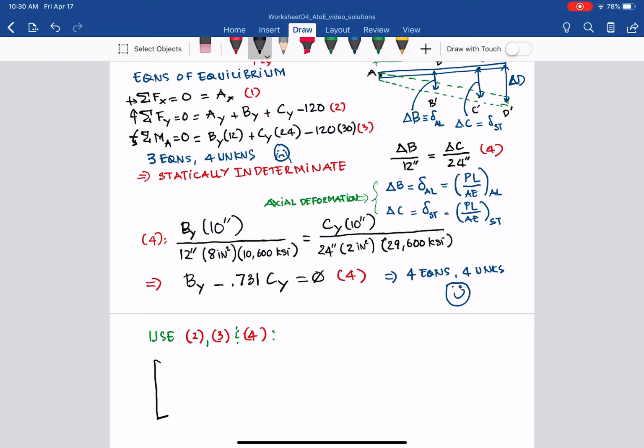For the first row, I have AY, BY, plus CY for equation 2. Negative 120, moving it to the other side, becomes 120, right?